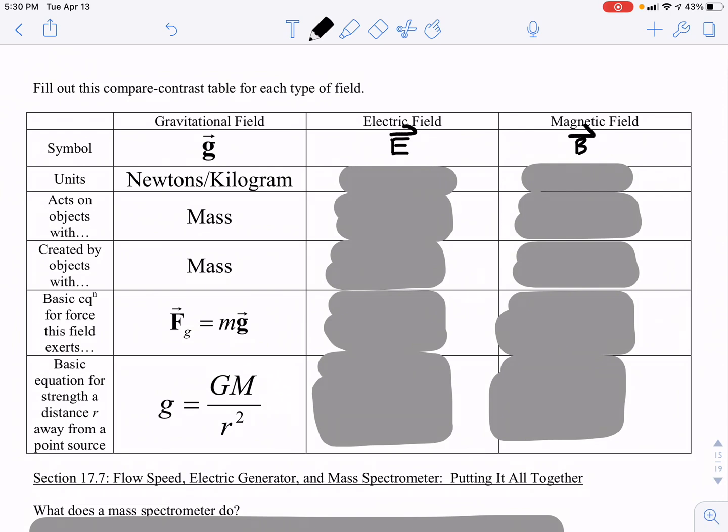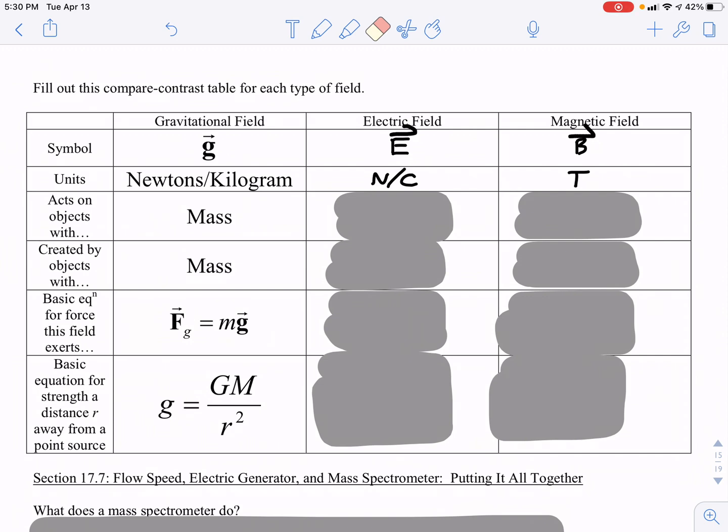The units for g would be meters per second squared, but it's also newtons per kilogram if we're talking about the strength of the gravitational field. It's also newtons per coulomb for electric field, and Tesla for magnetic field. Gravitational fields act on objects with mass.